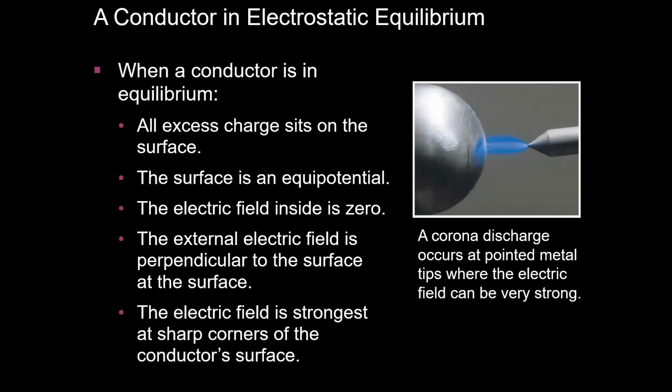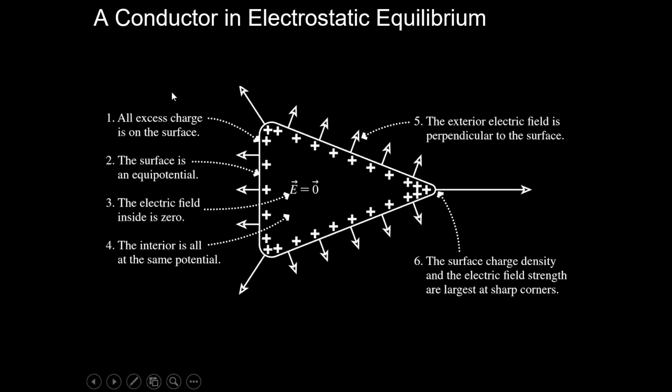Okay, but this is kind of the last picture that I want us to see relating potential and field. And this is for conductors. There are several different features about this graph that I want you to notice. The first being that in a conductor, from a review of chapter 22, any excess charge is always on the surface. But you see here that the surface is not constant curvature.